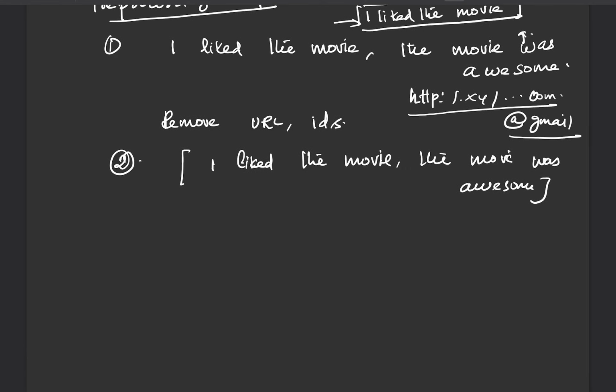Next one is tokenization. The second step is tokenization. What is tokenization? Just convert the sentence into small single words as a list. So this is a textual information, a whole sentence.